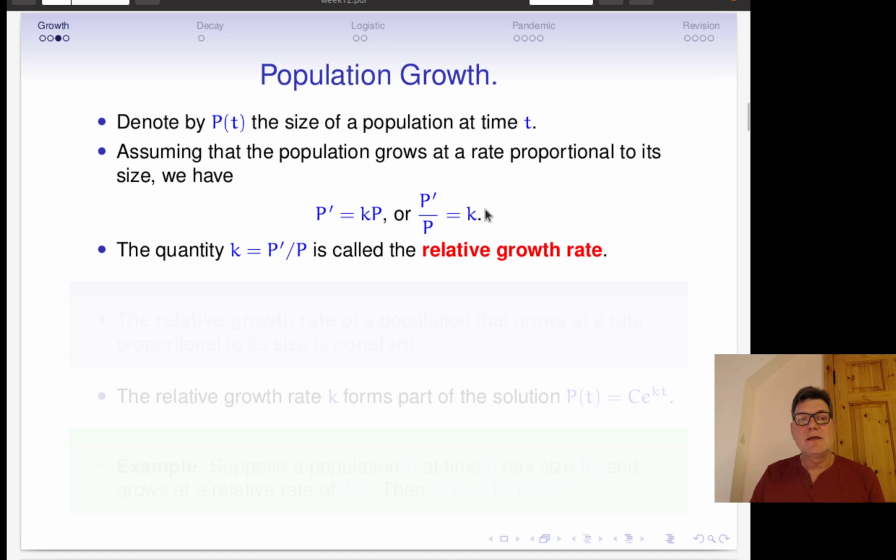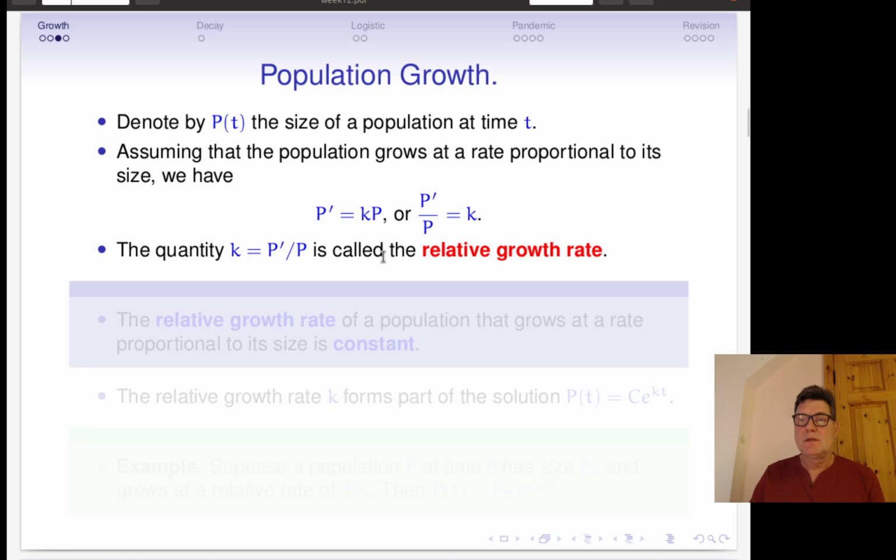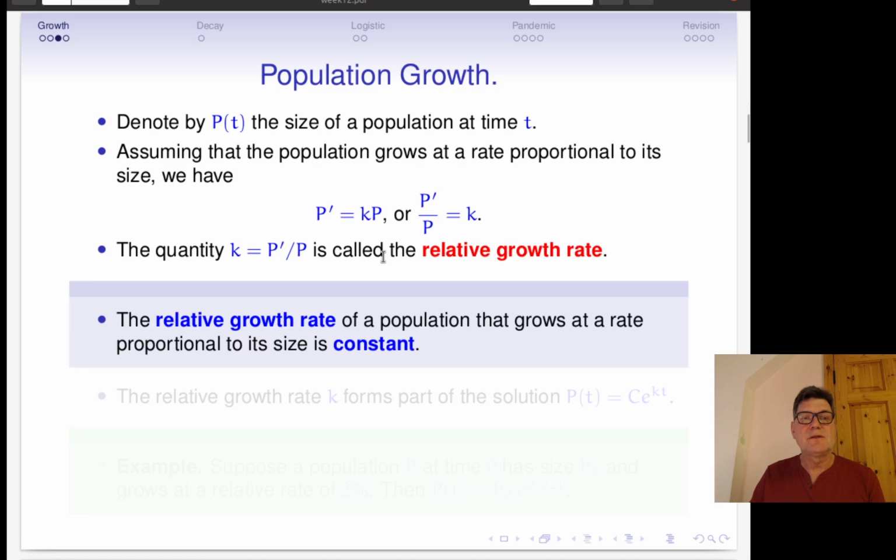This constant k, p prime over p, is called the relative growth rate. And to say that the relative growth rate of a population is constant is the same as saying that the population grows at a rate proportional to its size.